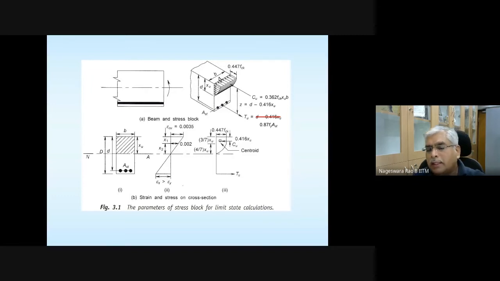Do you agree? And where does the compressive force contribution from the rectangular region act from the top? It's going to act at half of 3 divided by 7 xu.